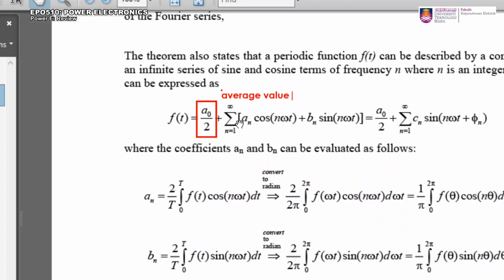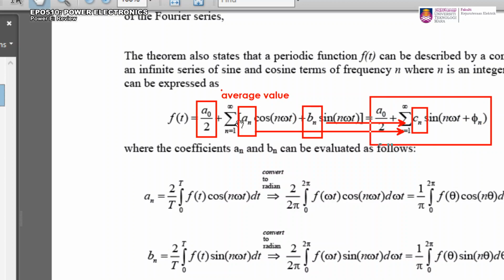And then we have another component which is made of the coefficients AN and BN, and that will lead to CN here. If you know what AN and BN are, then finally you can find what CN is. And normally the Fourier series representation is written in the form of Cn sine n omega t plus Vn.